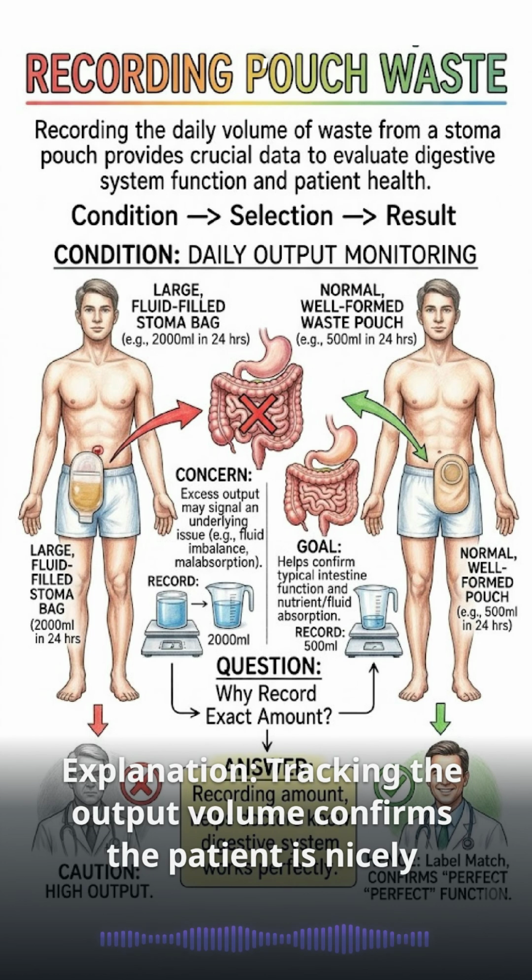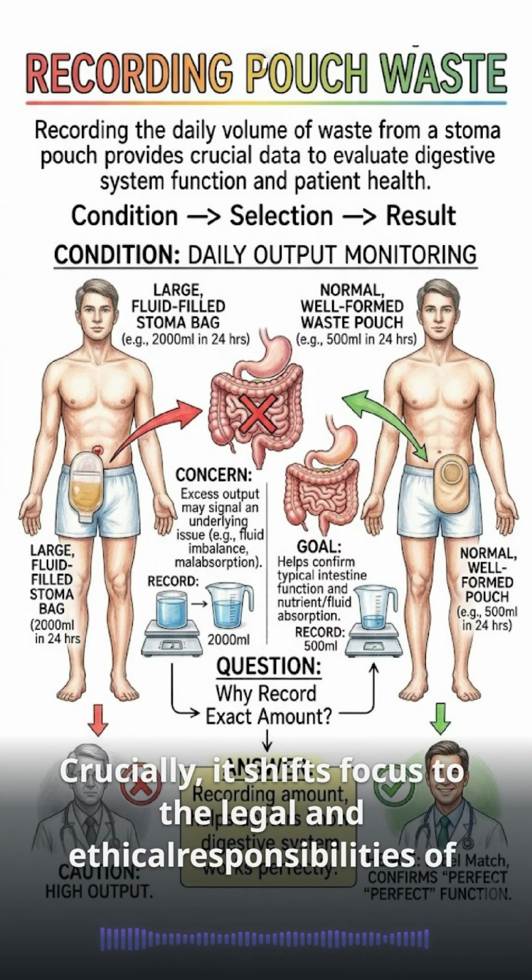Section 6, Pressure Injury Prevention, Legal, Ethical Guidelines, and Documentation. This final section covers essential pressure injury prevention protocols, including the types of support surfaces, like air mattresses and heel protectors, and the ongoing necessity of a strict turning schedule. Crucially, it shifts focus to the legal and ethical responsibilities of a wound care nurse.